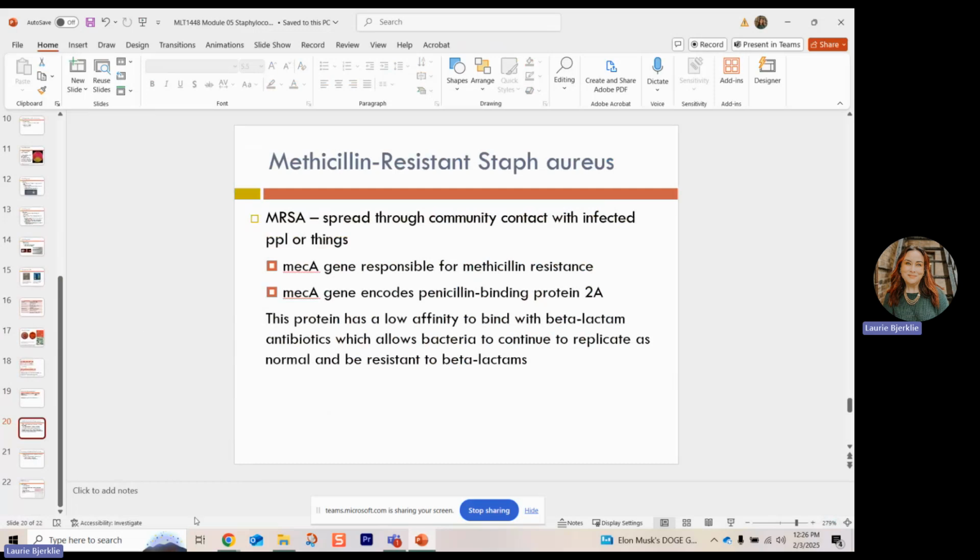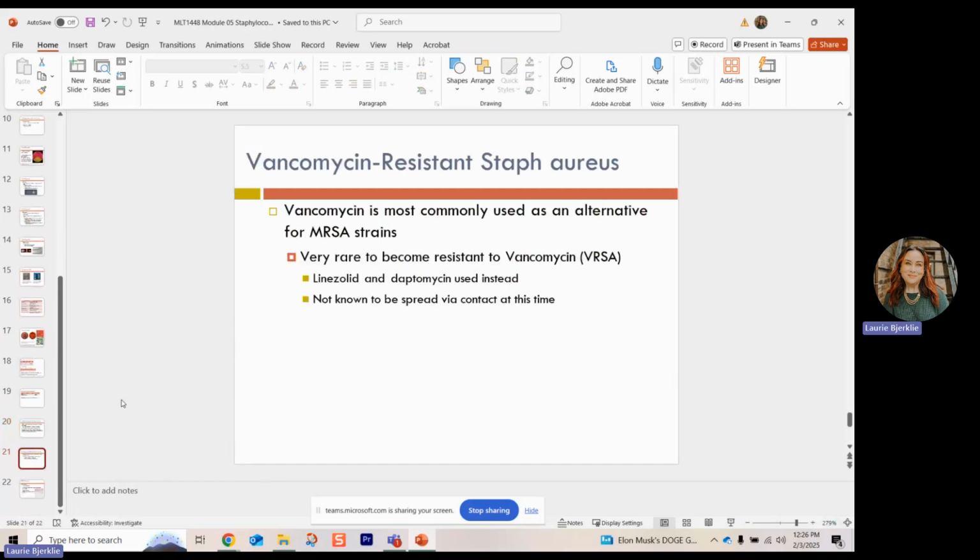There is also now vancomycin-resistant Staph aureus called VRSA, because when we found MRSA, we couldn't use the entire beta lactam group, so they often went to using vancomycin to treat the MRSA. Vancomycin, again, is a type of glycopeptide. And so they would use vancomycin to treat that MRSA to get rid of that infection.